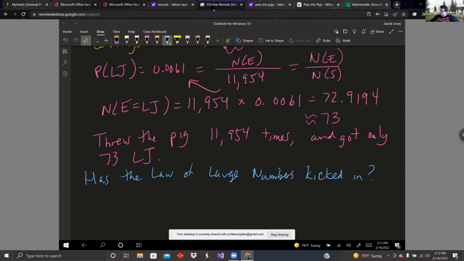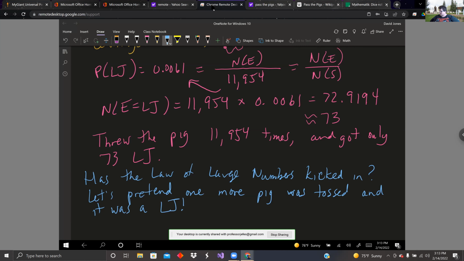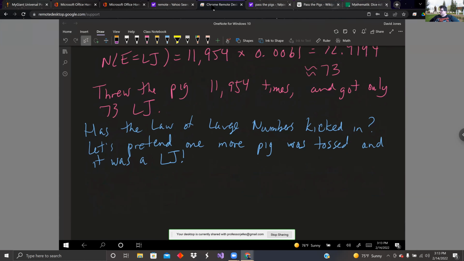Well, let's pretend one more pig was tossed, and it was a leaning jowler. Now my leaning jowler count goes up to 74, and my sample size, the number of times I've tossed the pig, goes up to 11,955.